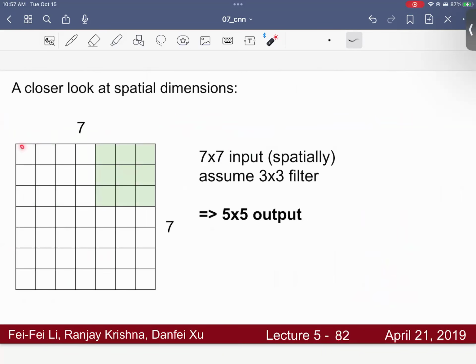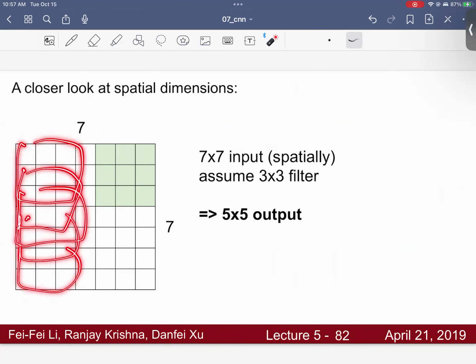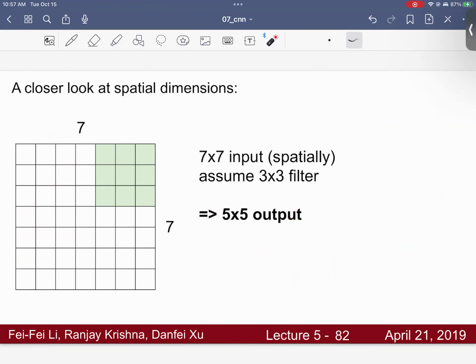You moved 5 times, because you started from here and you moved 1, 2, 3, 4, 5, and now you're here, right? It's the same with the vertical movement: 1, 2, 3, 4, 5. So it's 5 by 5 out. That is why you get a little bit compressed output spatial dimensionality. You started from 7 by 7, but now you get 5 by 5 out.